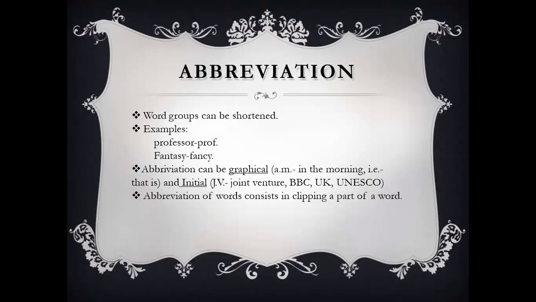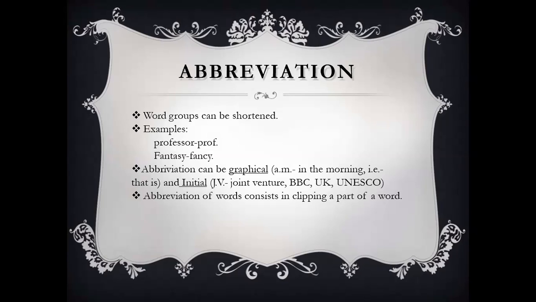Graphical ones are AM, in the morning, IE, that is, or EG, for example. And initial, when we take just the first or initial letters of the words, usually capital letters, for example joint venture or BBC, UK, UNESCO maybe.